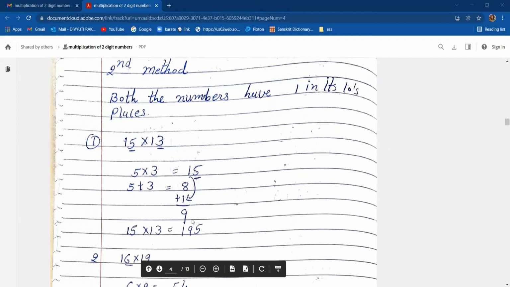Here only a single digit number is there, but we can consider it as 09. So from 09, 9 is the unit digit, so I will put 9 at the tens place.